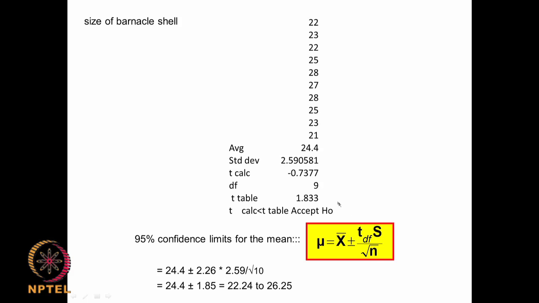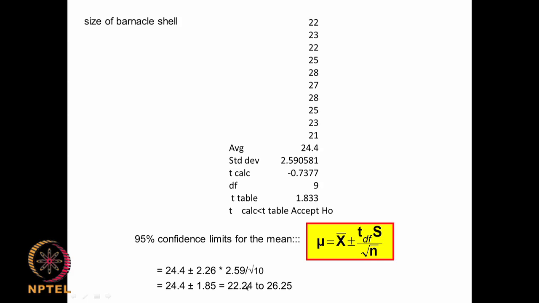For these you have 10 data sets, so obviously degrees of freedom is 9, you get T as 2.26, and the mean of this sample is 24.4. So, 24.4 plus or minus 2.26 times the standard deviation 2.59 divided by square root of 10, which is equal to 24.4 plus or minus 1.85.